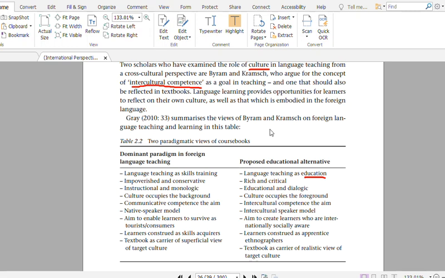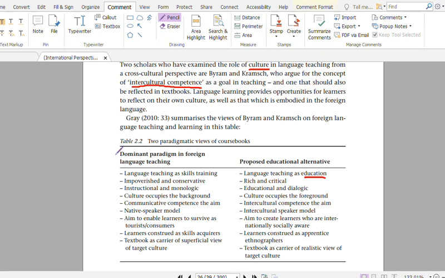Okay, here one of the important points that you see is that we usually have two paradigmatic views of course books, which means that course books are usually written based on these two paradigms. Actually, they are usually written based on this one. A few of the textbooks are written based on educational alternatives or the alternative paradigm.